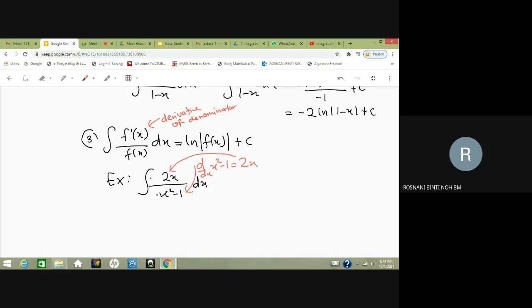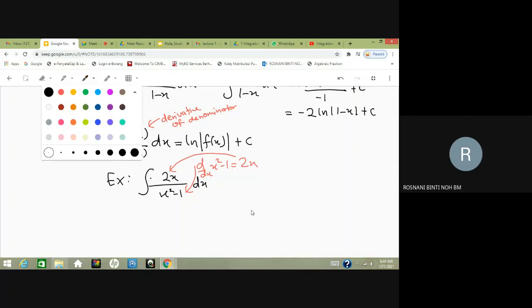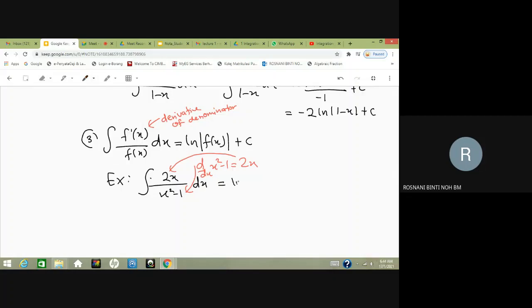So this question is taking this form, so the answer is ln |x squared minus 1| plus c.